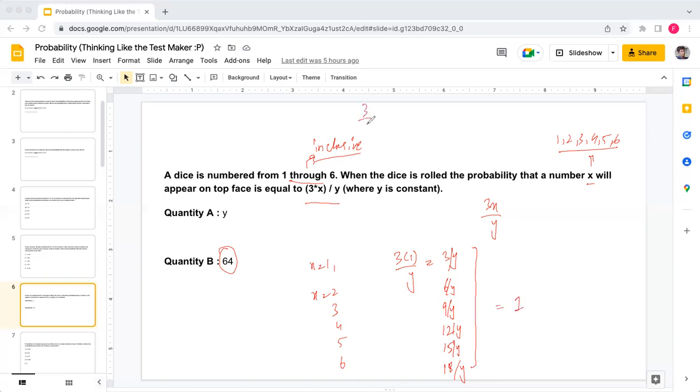So 3 over y plus 6 over y plus 9 over y plus 12 over y plus 15 over y plus 18 over y is equal to how much? 1. So just take the LCM, this will be y. So just sum all of these, 3 plus 6 plus 9 plus 12 plus 15 plus 18 is equal to y.